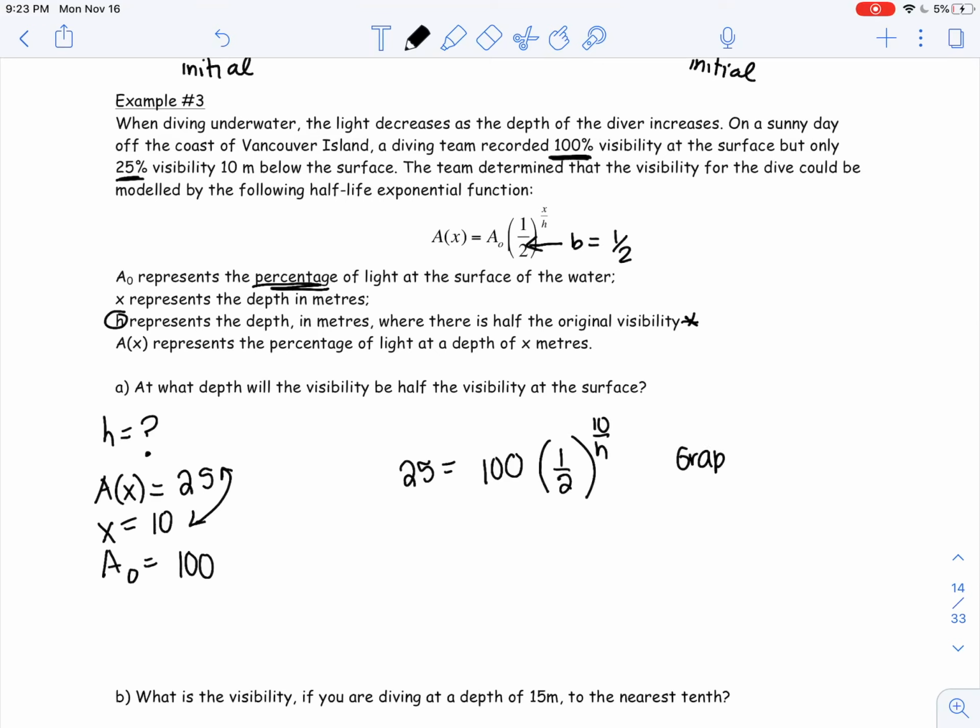Next, we're going to graphically solve. To graphically solve, we're going to set the left side of the equation to y1. The right side of the equation is going to be y2. This is where we have to go to our graphing calculators and enter these amounts right here.